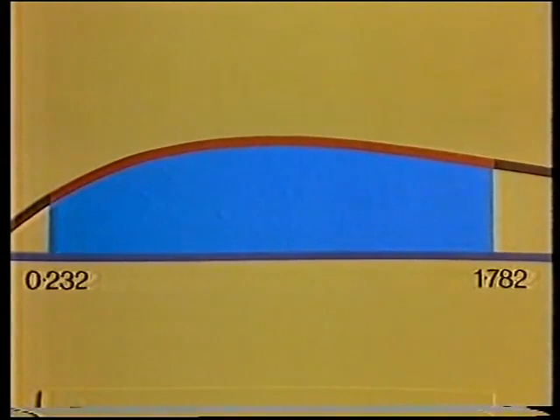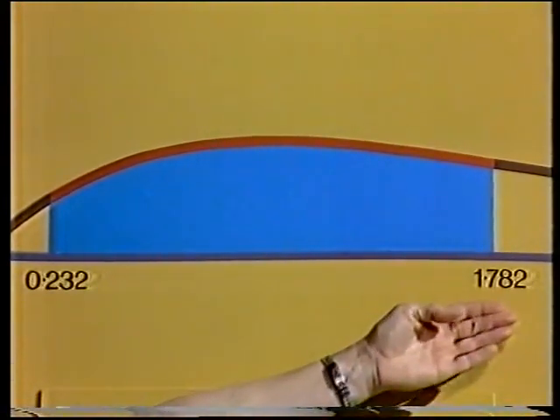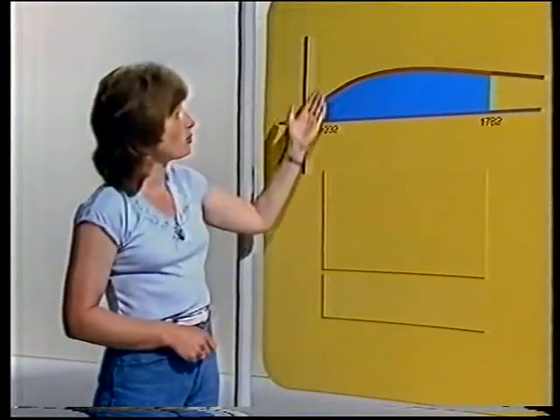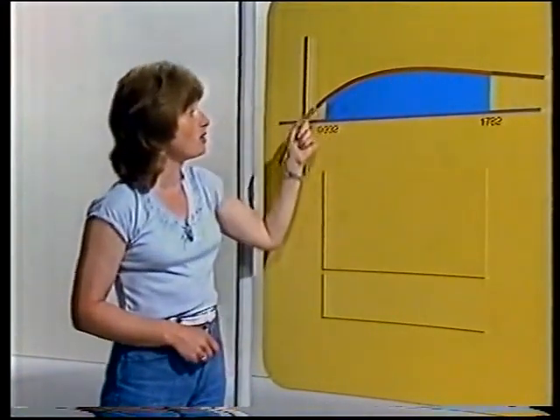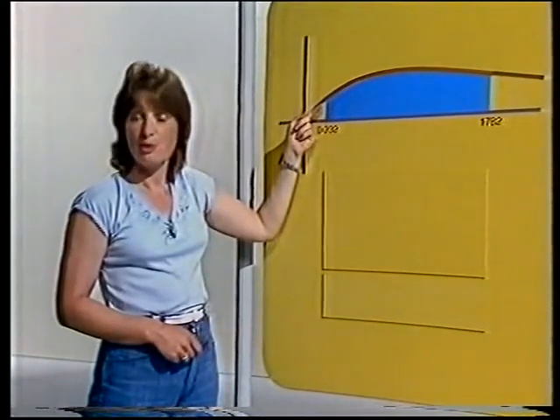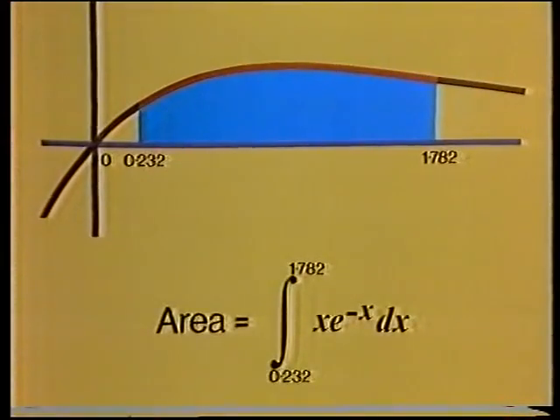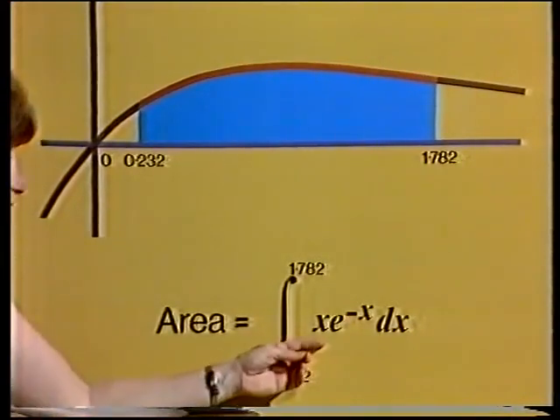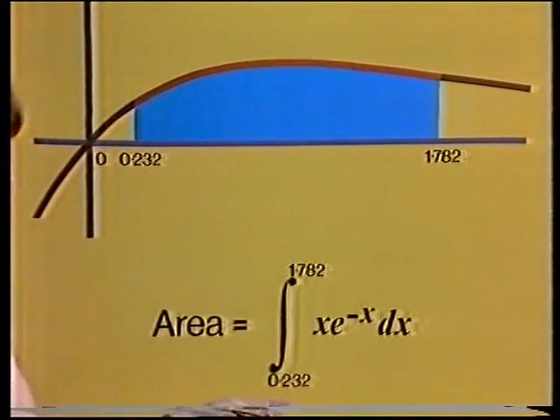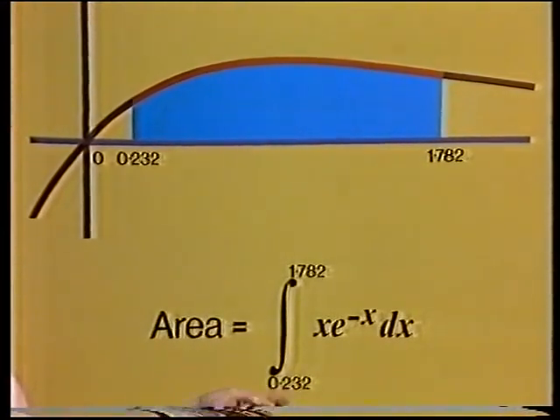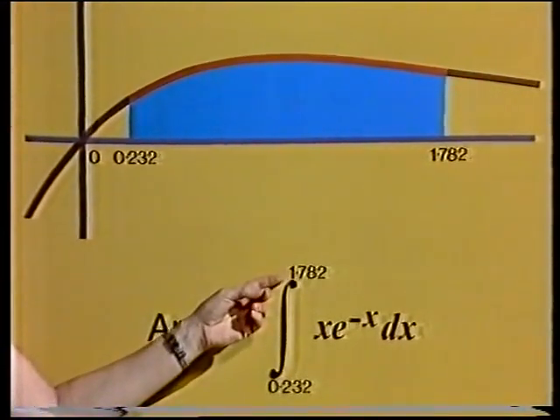Here's the area we're interested in, between these two x values. Now the function is positive along here, so the integral is the same as the area, and it's this. It's the integral of x e to the minus x between 0.232 and 1.782.